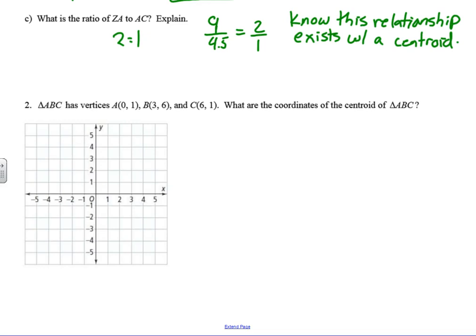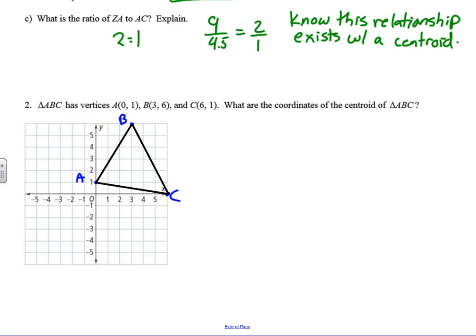All right, triangle ABC has vertices 0, 1. Okay, so there's A. B is 3, 6. That would be up here. And C would be 6, 1. So we draw here, here, and here. Now, we want to find the coordinates of the centroid.